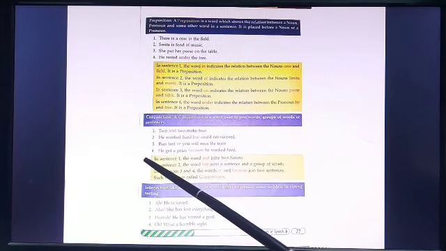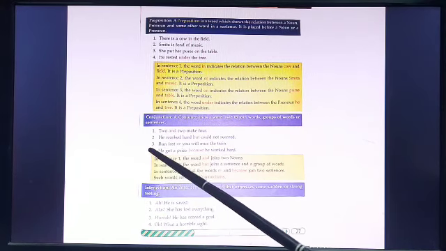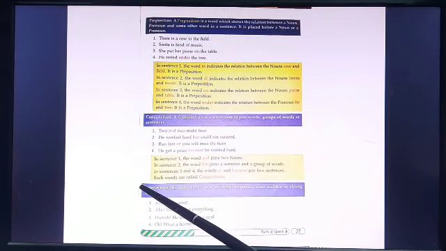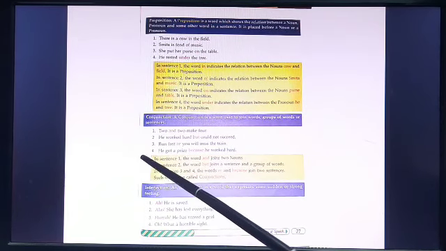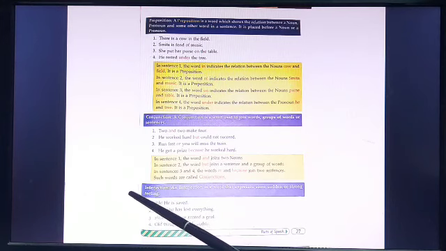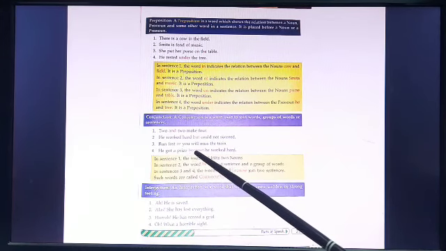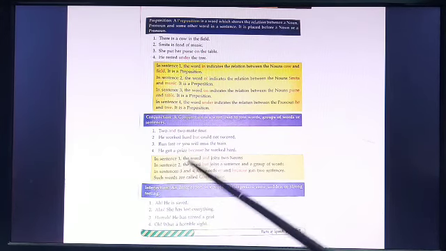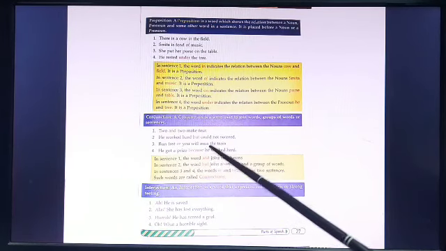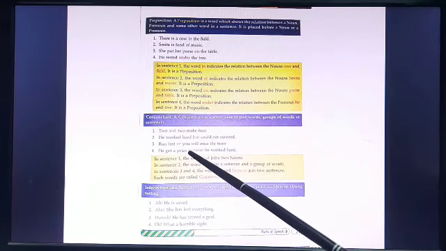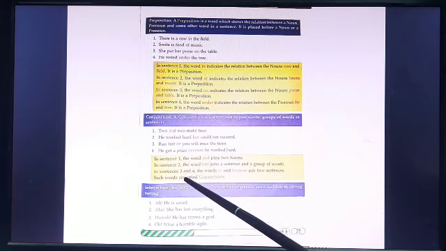He got a prize is one single sentence. He worked hard is one single sentence. When two single sentences are put together and made into one with the help of because, it is known as a conjunction. So it's the word which helps us join words, groups of words or sentences. These are called conjunctions.